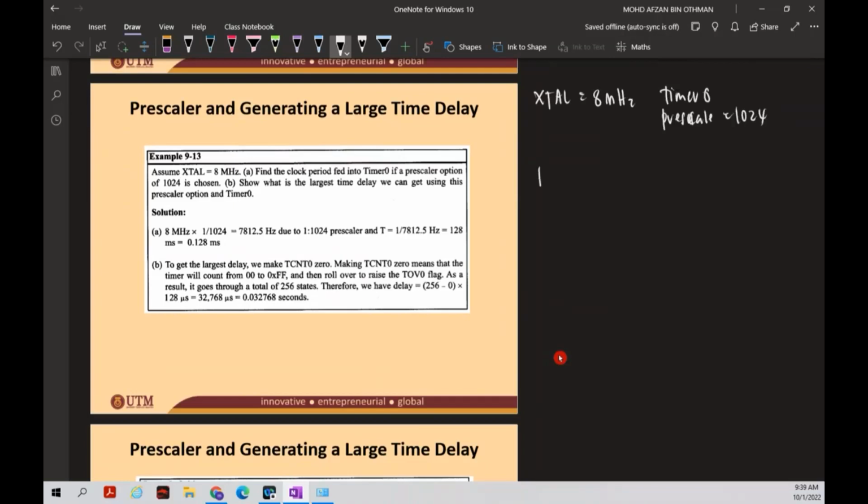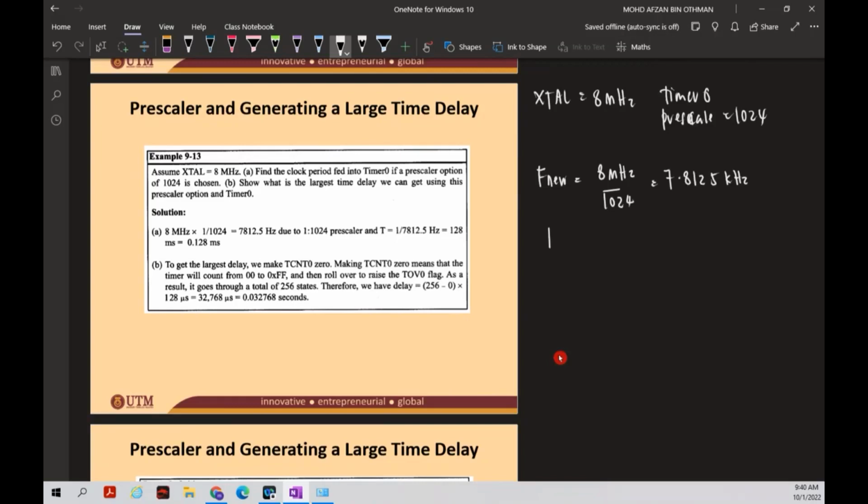First, because now you have a prescale, you need to find the new F. F new equals 8 MHz divided by 1024. You will get 7.8125 kilohertz. So this is your F new.